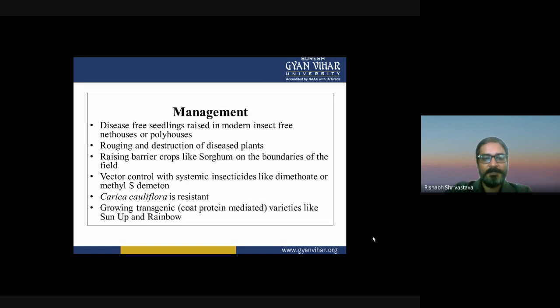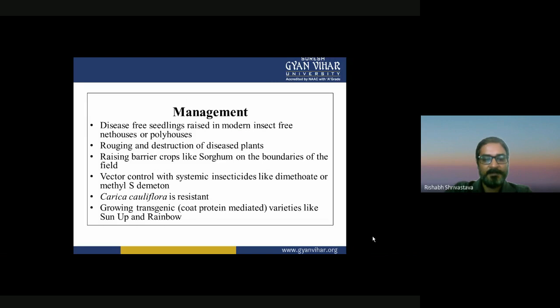Management: disease-free seedlings raised in modern insect-free net house or polyhouses. Rouging and destruction of diseased plants. Raising barrier crops like sorghum on the boundaries of the field.